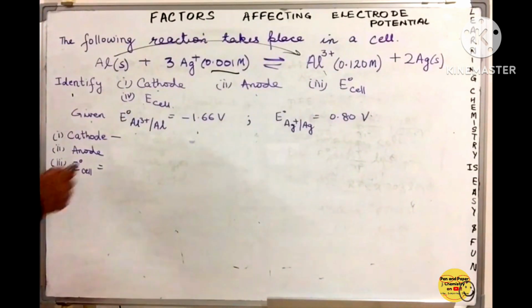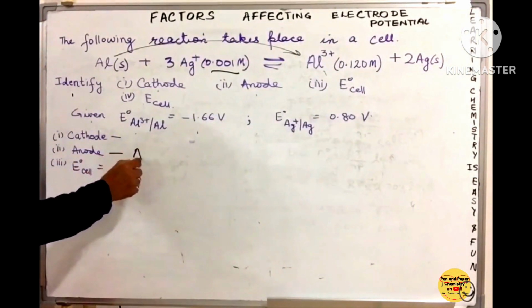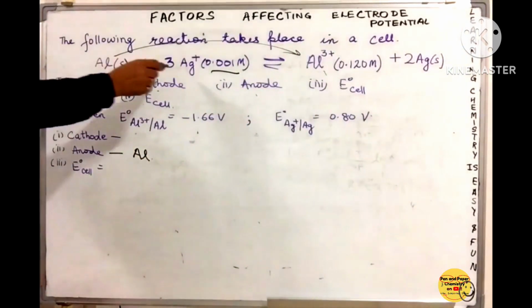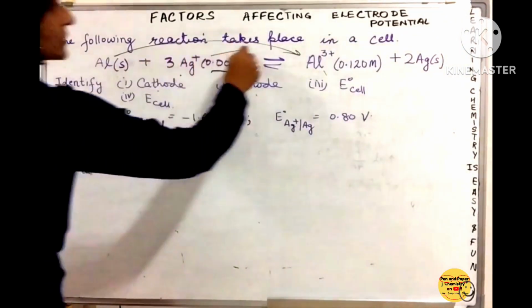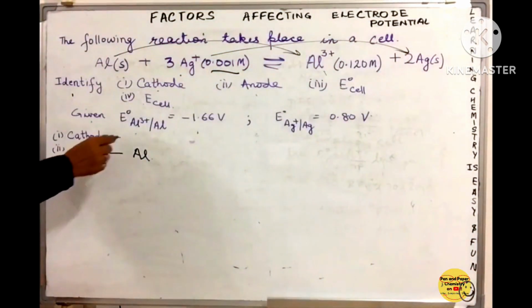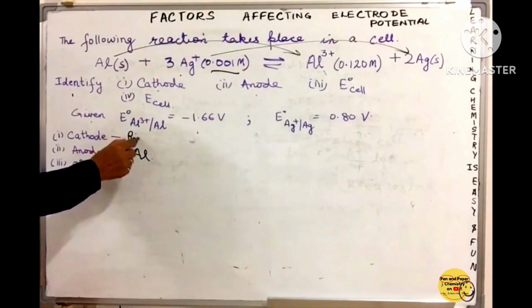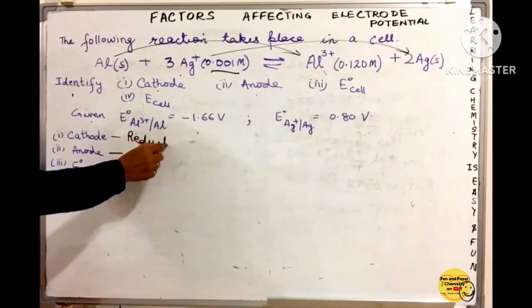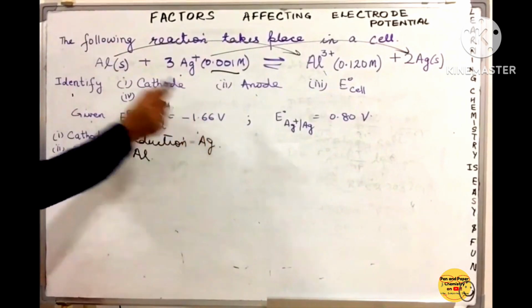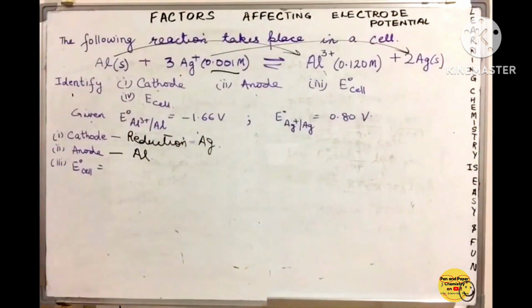Loss of electrons is the anode. Cathode: Ag+ changing to Ag is gain of electrons. Gain of electrons is reduction, and reduction is taking place in silver, right?